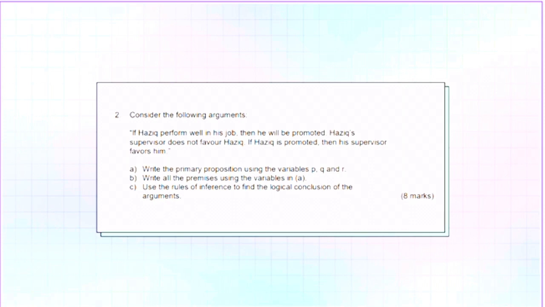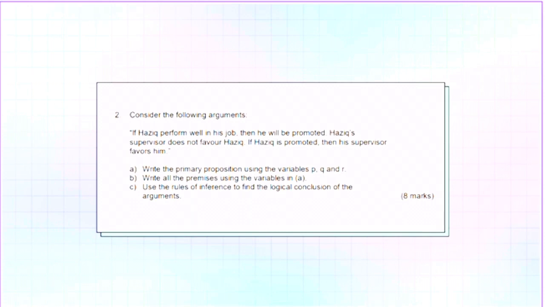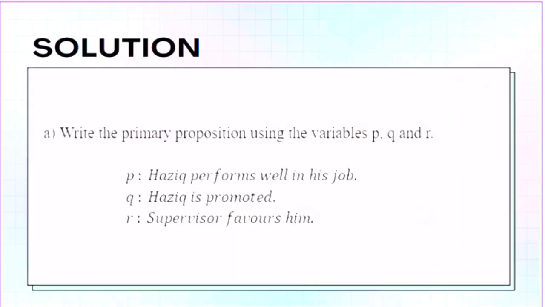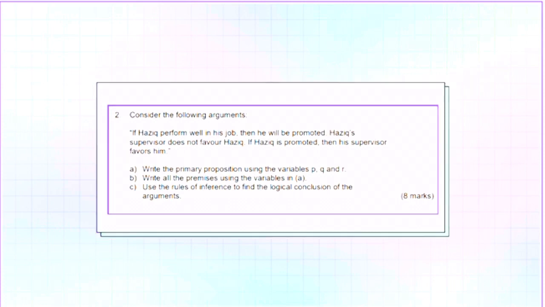So, let's start to solve question A. Basically, in question A, we need to declare what P, Q, and R are. We can find it from these statements. P is Haziq performed well in his job. How do we know this is the first statement? You can see based on the comma.